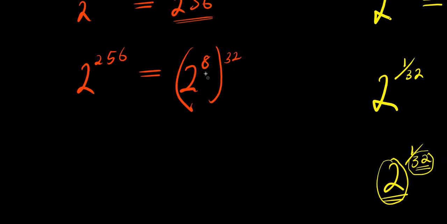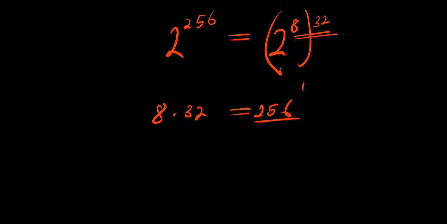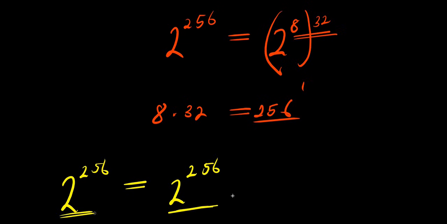If you multiply the exponents, 8 times 32 gives 256 as well. That means 2 power 256 equals 2 power 256. Left side and right side are the same.